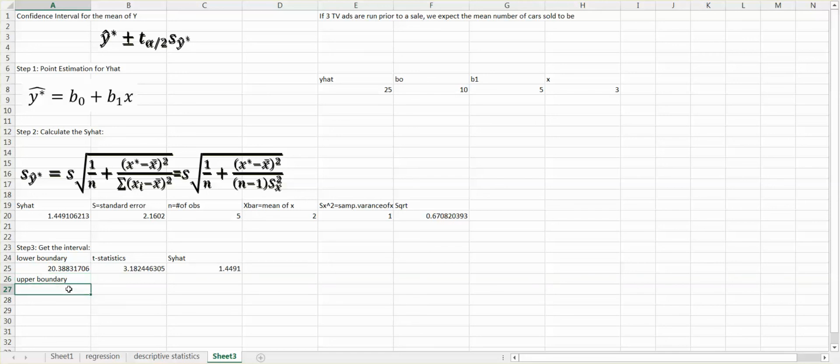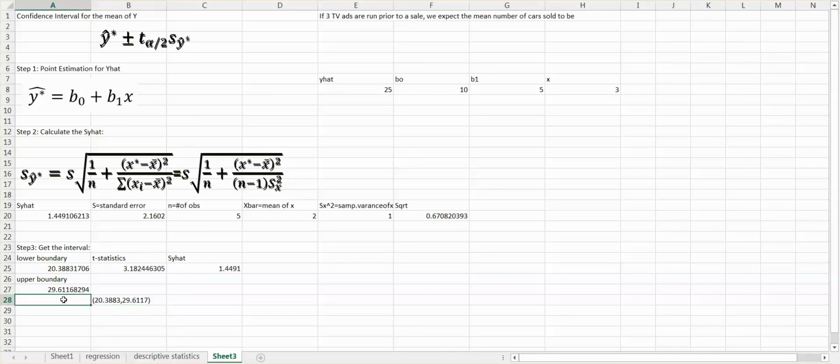So the upper boundary is equal to the y hat plus, because it's plus and minus, the t-statistic times the s y hat. So the upper boundary is 29.611682994. Which means if you want to write down the confidence interval for the mean of y, you should write down the parentheses 20.3883, comma, that's the lower bound, to 29.6117, that's the upper boundary, and close the parentheses.